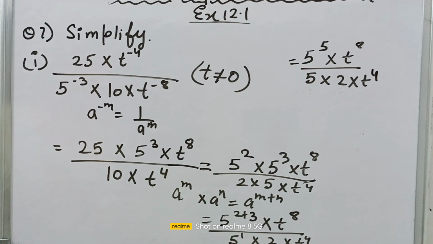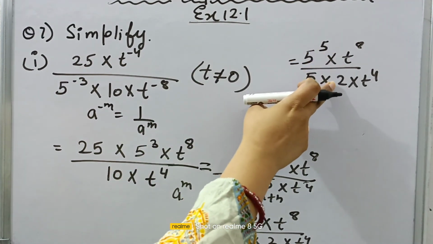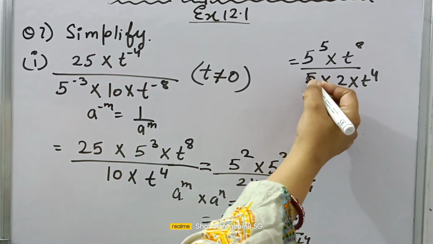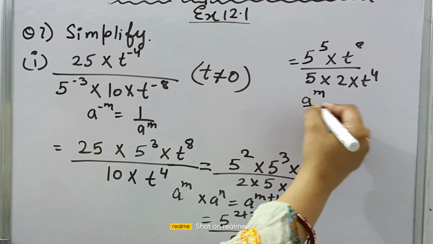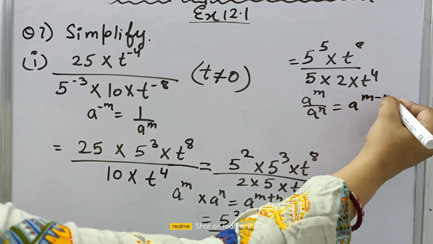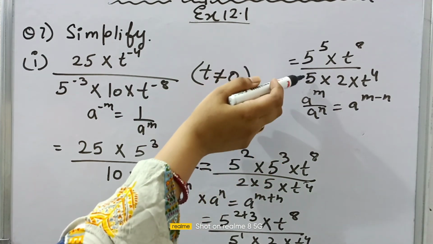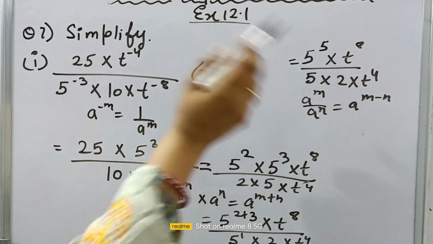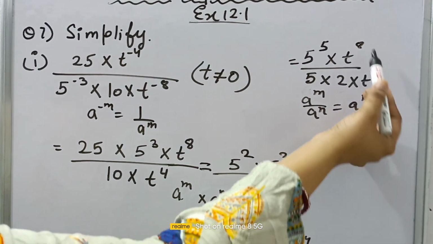Now we do not have any base or term with 2. So this 2 will remain alone. Rest we will solve with the law of exponent a raised to the power m upon a raised to the power n equal to a raised to the power m minus n. So you can see this 5 and this 5, both bases are same and exponents are different, and for t also bases are same and exponents are different.